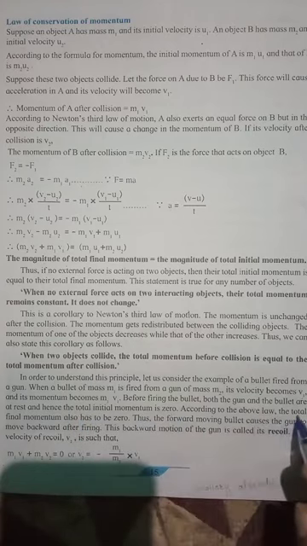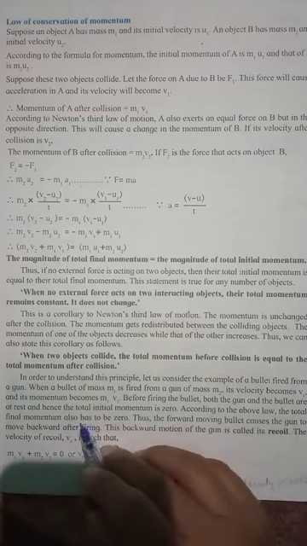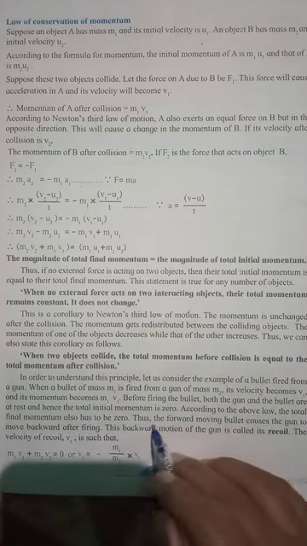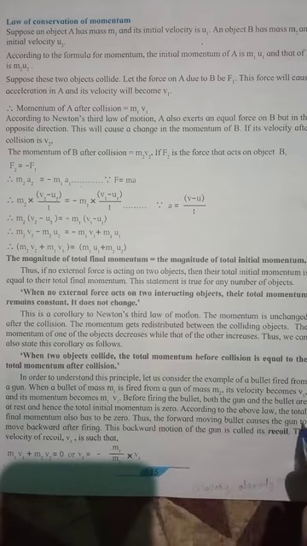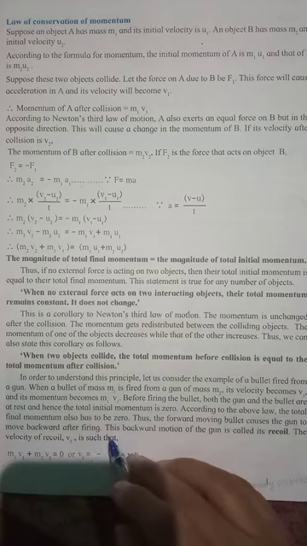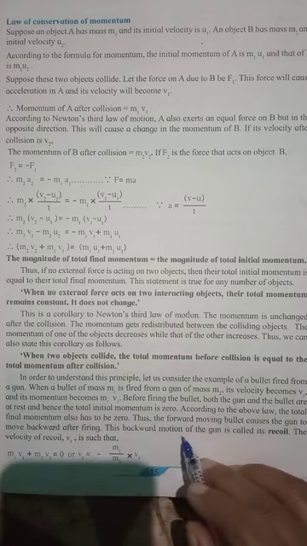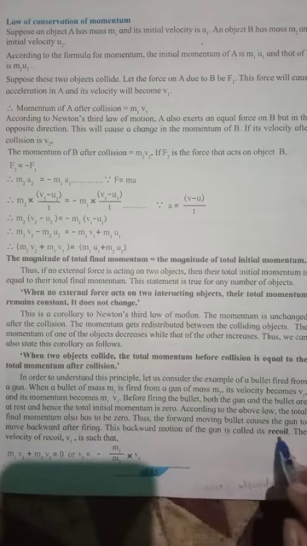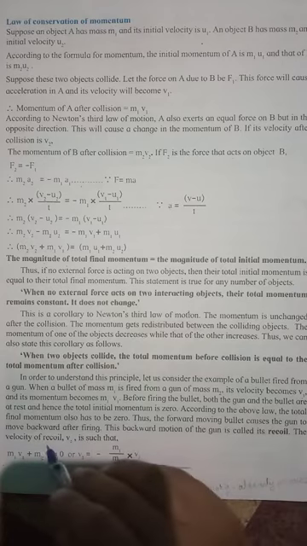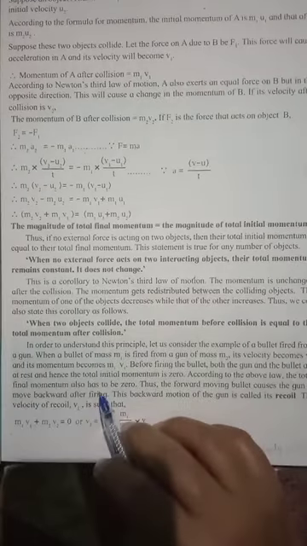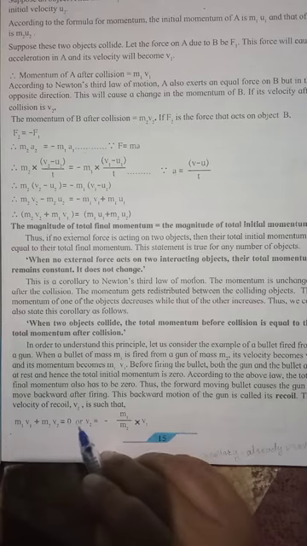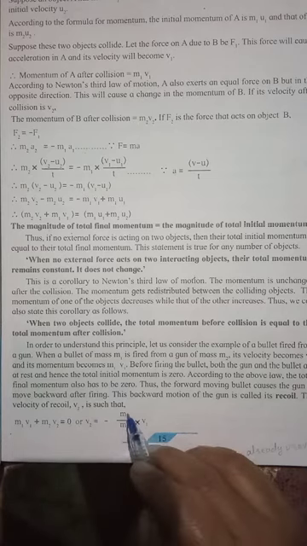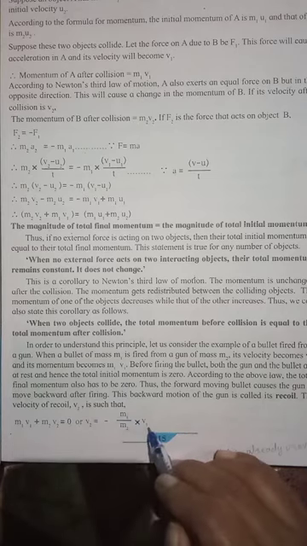According to the above law, the total final momentum also has to be 0. Thus, the forward moving bullet causes the gun to move backward after firing. This backward motion of the gun is called its recoil. The velocity of recoil, that is v2, is such that m1 v1 plus m2 v2 is equal to 0, or v2 is equal to minus m1 upon m2 into v1.